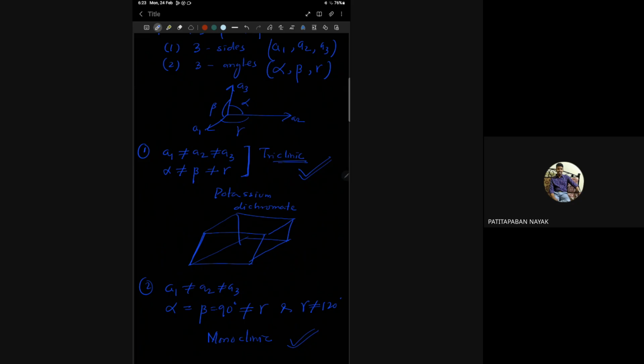A1 not equal to A2, not equal to A3, alpha not equal to beta, not equal to gamma. It is like any general type. But if atoms exist only at the corners, then it is called primitive cell. Primitive triclinic. Okay, is it clear? Yes, sir.